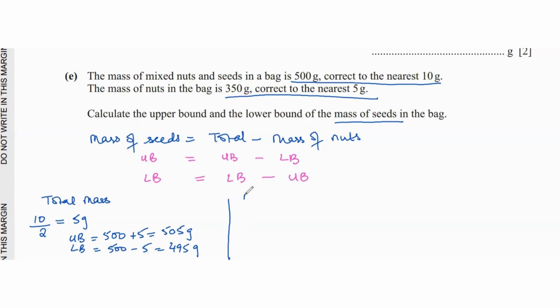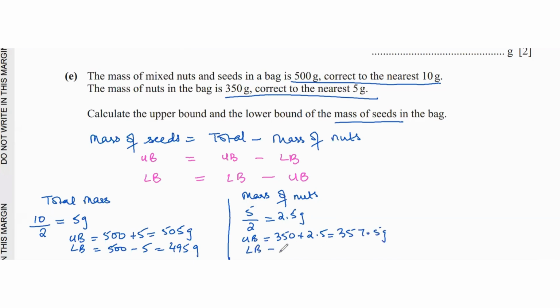Now for the mass of nuts, your degree of accuracy is 5. So we divide 5 by 2, which gives us 2.5 grams. So the upper bound would be 350 plus 2.5, which is going to be 352.5 grams.